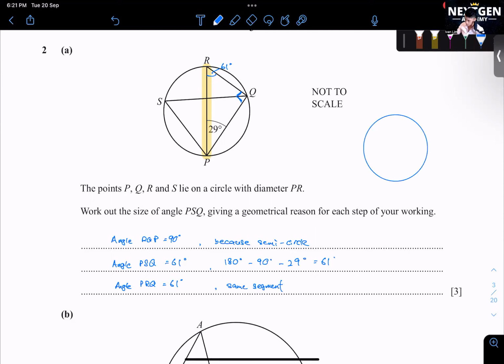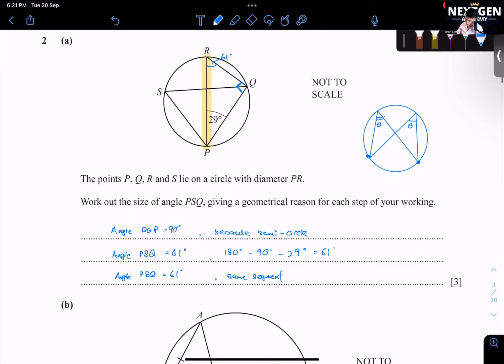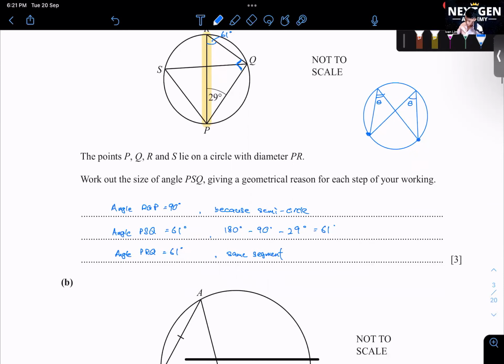Let's say I got this angle, it is the same as this angle. So this is all part of your circle theorem.